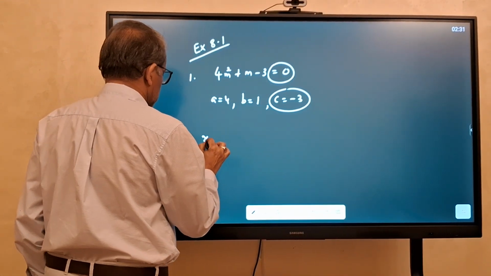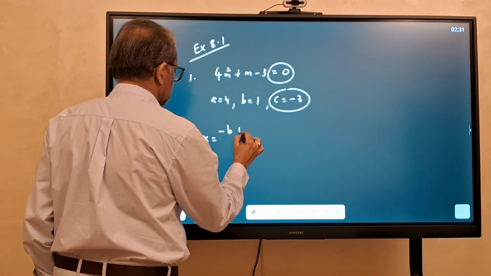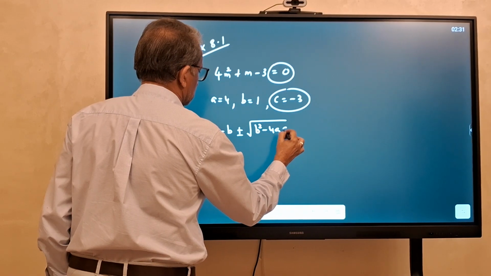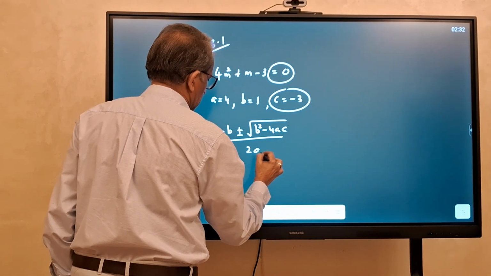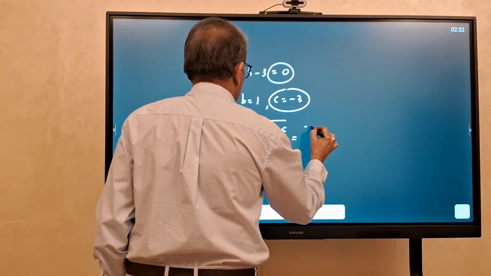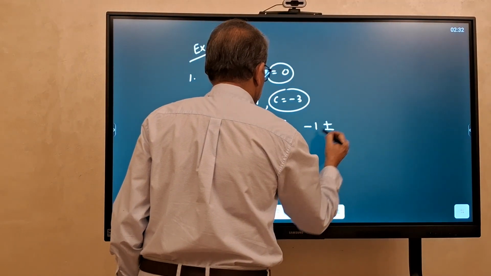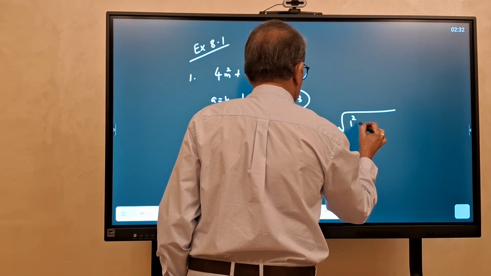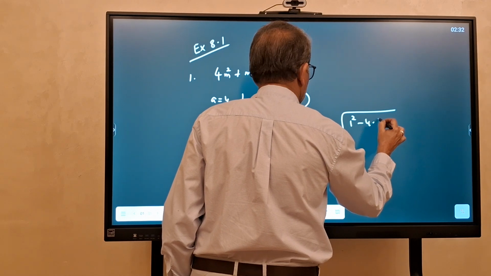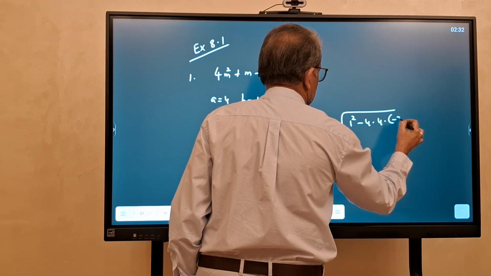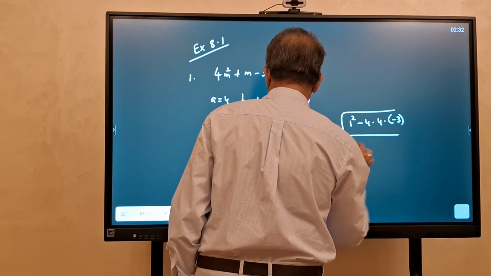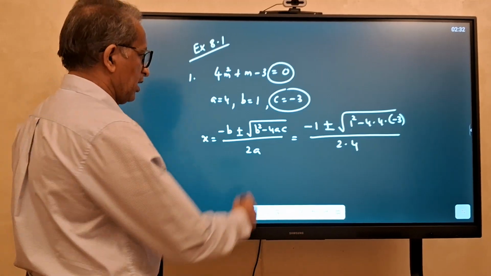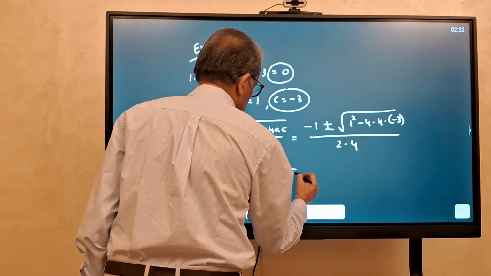So putting these values in the quadratic formula, divided by 2a. You put here minus b, minus 1, plus or minus root of b square, that is 1 square, minus 4 into a into c, divided by 2 into 4. Use the values here.